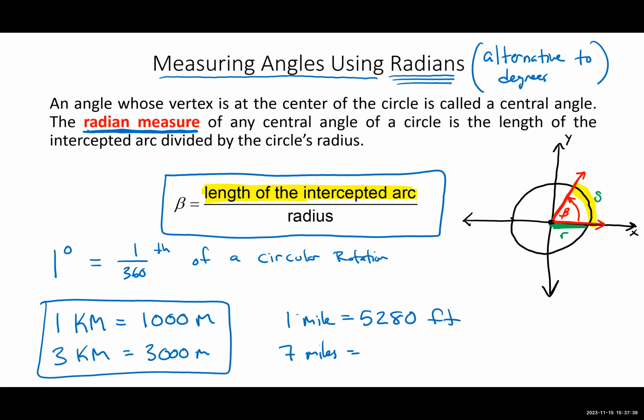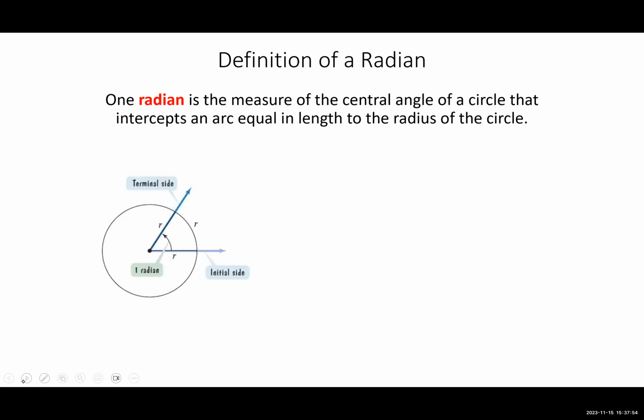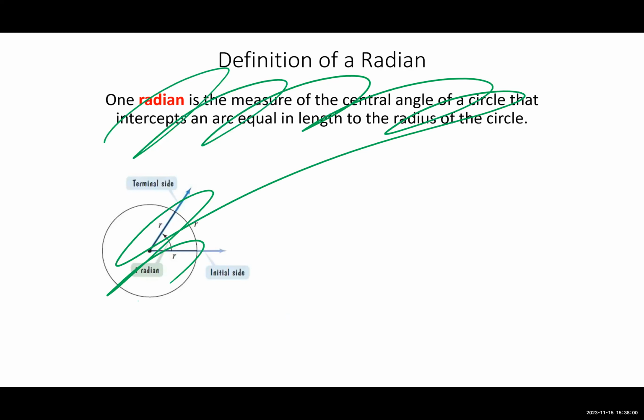I mean, it could be the whole circumference if your angle is 360 degrees, or it could be part of the circumference. So we know, forget about all of this right now. We'll get to that in a moment.